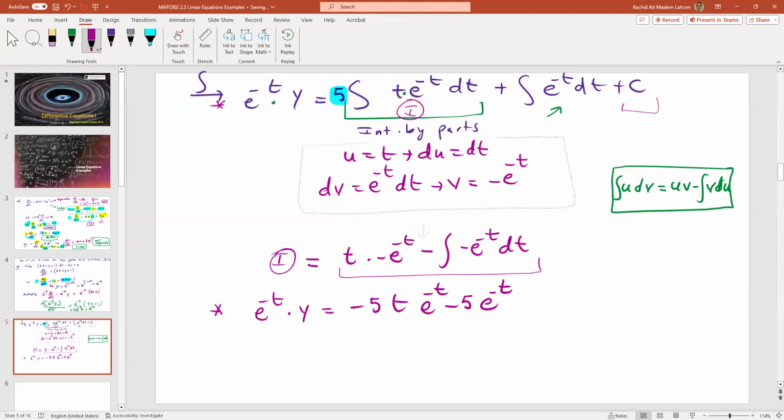Now I'm going to move to this, which is this one, then the constant. Anything to simplify? Yeah, this one. Negative 5t e to the negative t minus 5 times this exponential function plus c.